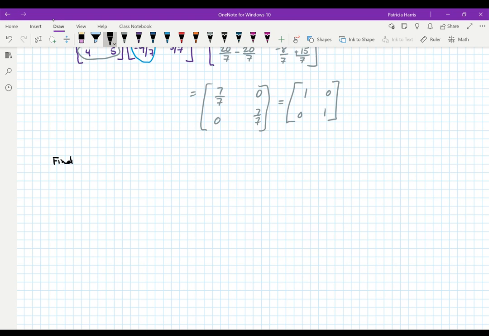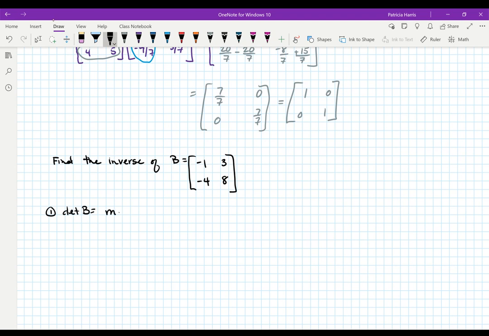Okay, let's do another example. So find the inverse of B, and let's do -1, 3, -4, 8. Okay, so the very first thing we're going to do is we're going to find the determinant to see if I actually have an inverse.